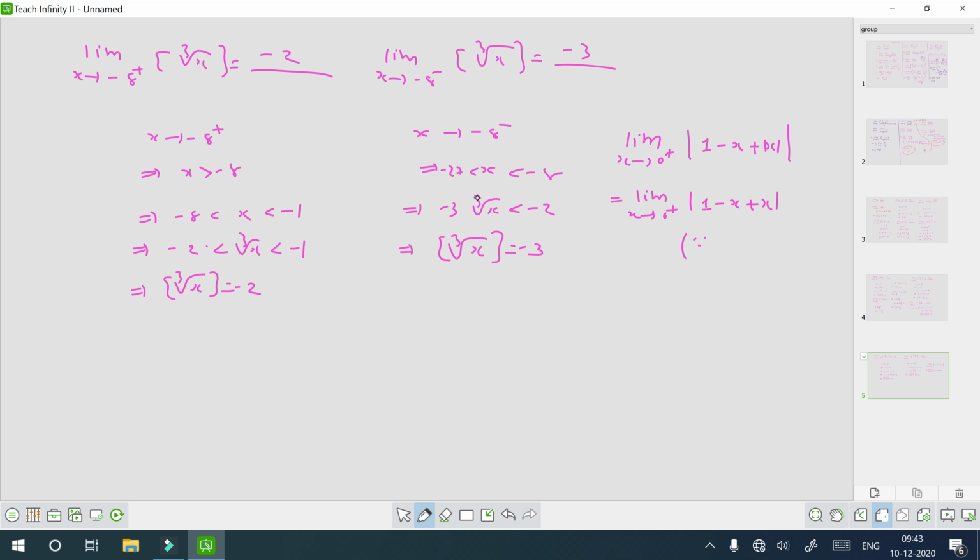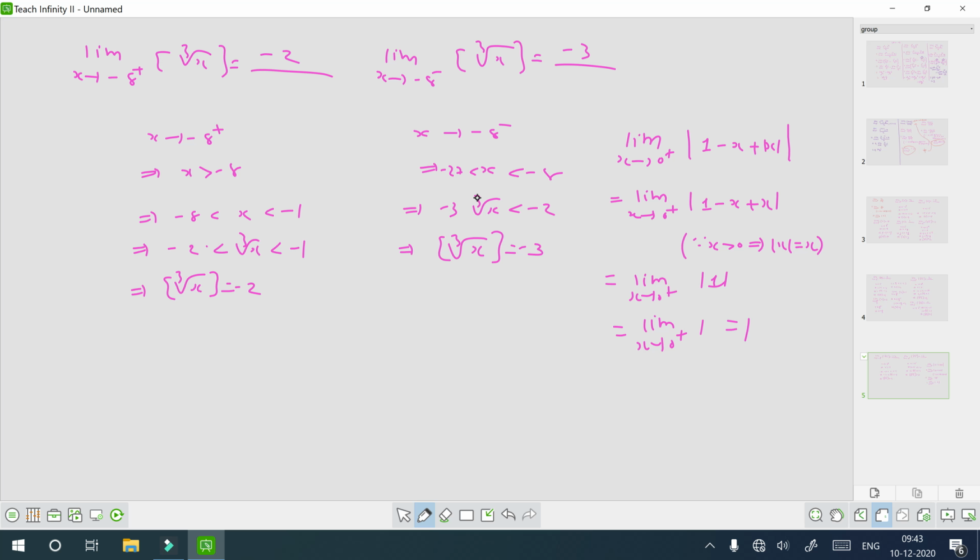Why? Because x is greater than 0 as x tends to 0 plus, so magnitude of x is equal to x. So that is equal to limit x tends to 0 plus of magnitude of 1, and that is 1. So that comes out 1 also.